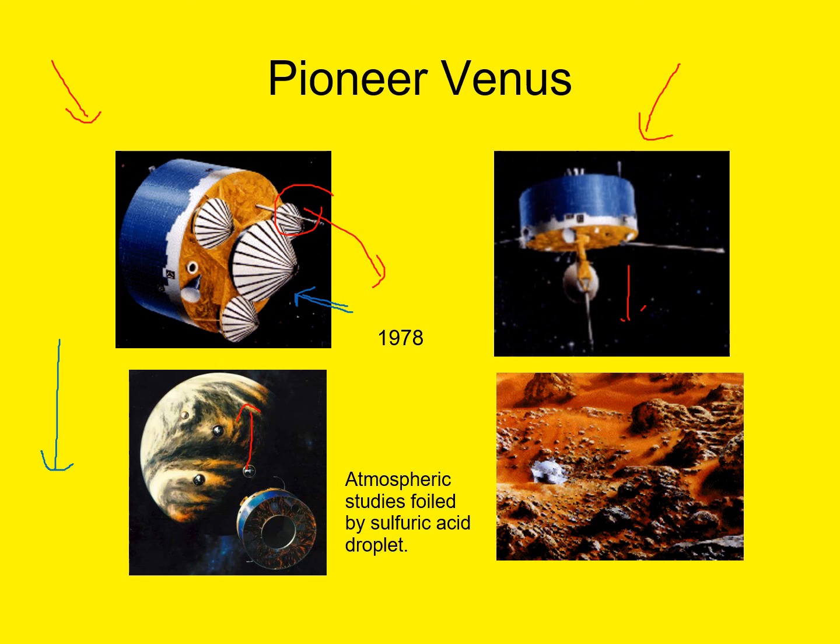And so we got incredible measurements of that sulfuric acid droplet, but his PhD was on the atmospheric profile of the planet. So he ended up not getting his PhD, and having spent several years researching Venus and developing a model and building the probe, having it launched, and then it not working, he had to start all over for another several years to work on another project to get his PhD.